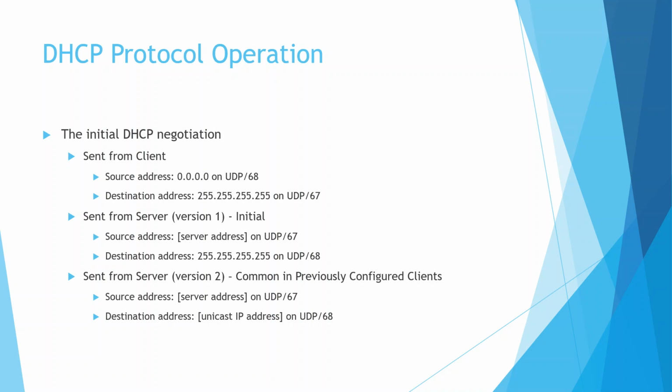Remember, UDP port 67 is for the DHCP server. And then the destination address is going to be 255.255.255.255 on UDP port 68. So we are going to be sending that. And you could be thinking, well, if it's 255.255.255.255, which is a broadcast address, everybody's going to receive this.